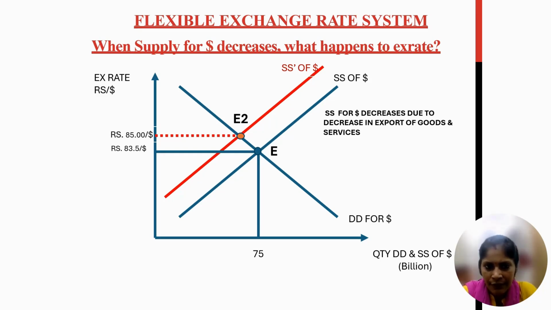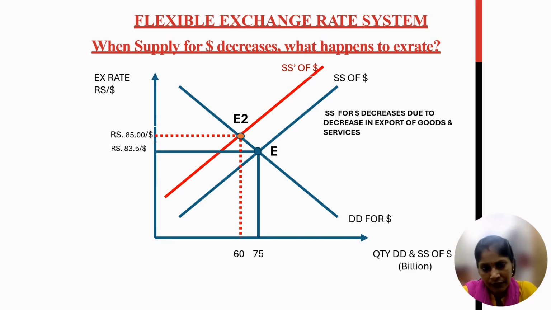So at the 85 rupee per dollar that has been determined, at the 60 billion dollars quantity demanded and supplied. So this is the new determination from the existing one, as a result of the decrease in the supply of dollar.